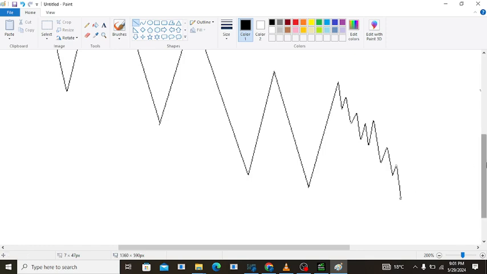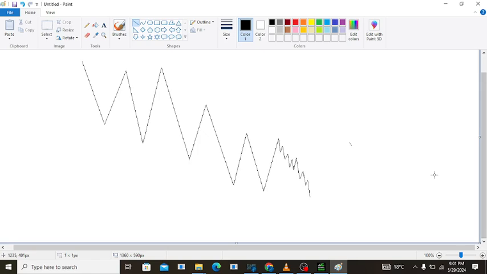Okay, this low, my proper inducement is this one. For me to be even looking for sellings, this needs to go. Let's say this is M15 structure.